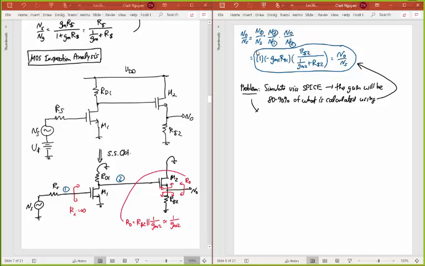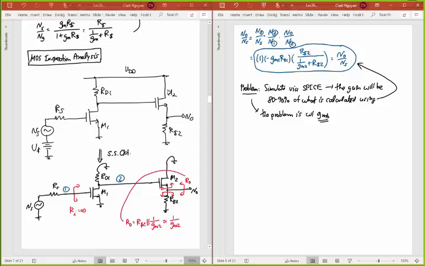And the problem that we have is the GMB. That other GM that we have for MOS that has to do with the VBS voltage. So VBS for M1, there's no question here.